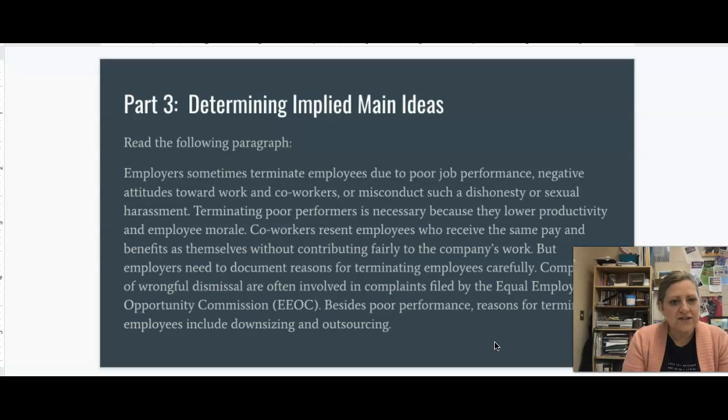But employers need to document reasons for terminating employees carefully. Complaints of wrongful dismissal are often involved in complaints filed by the Equal Employment Opportunity Commission, the EEOC. Besides poor performance, reasons for terminating employees include downsizing and outsourcing.